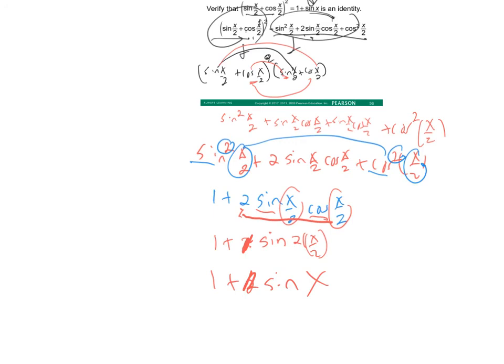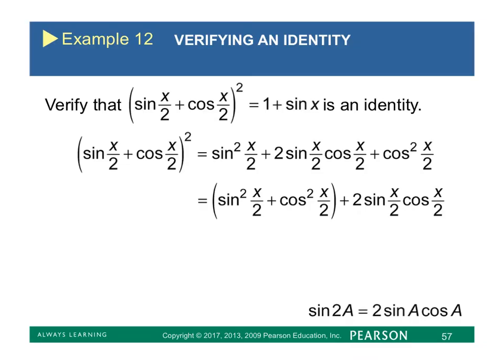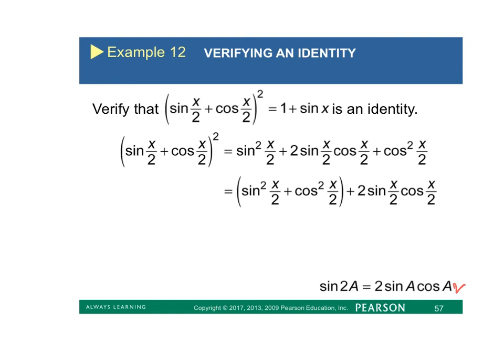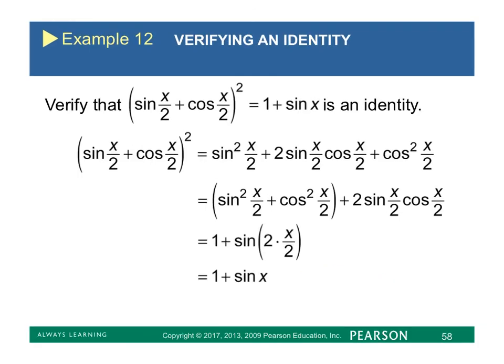I hate it when it jumps at you and you stare at it for a second. Oh, wait. That's the answer. I put this down here to remind you of that identity. It's right there. There it is. It's all worked out. And yay, it's done.